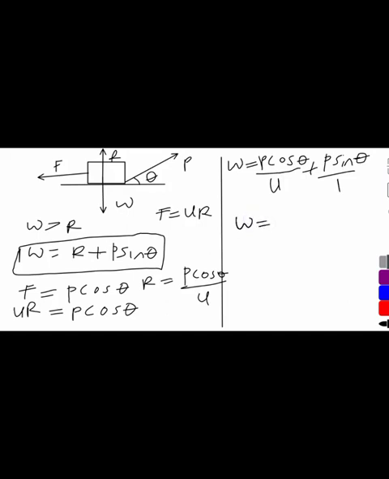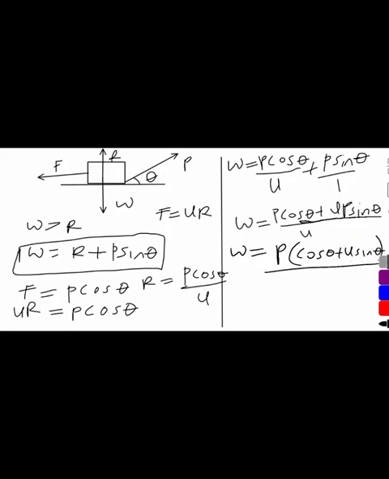W will be equal to P cos theta plus mu P sin theta. W is equal to, since P is common, P times cos theta plus mu sin theta, all over mu. So this is the formula for calculating the weight.